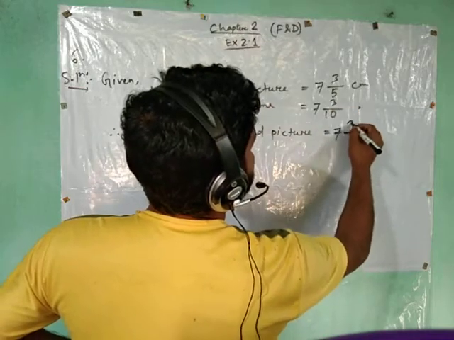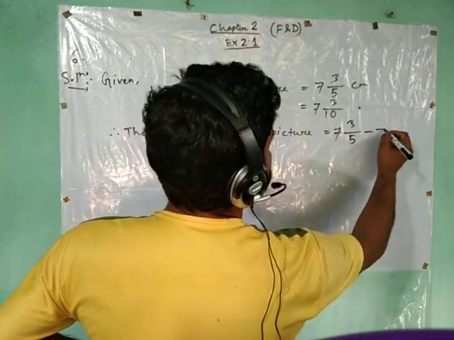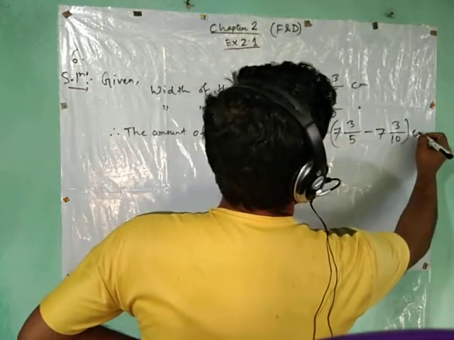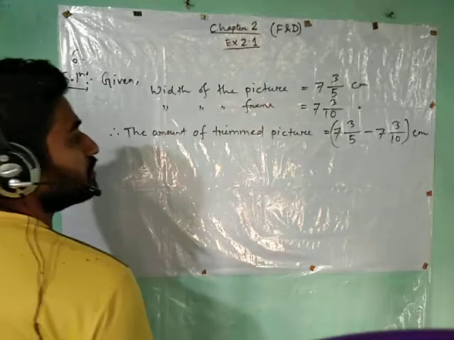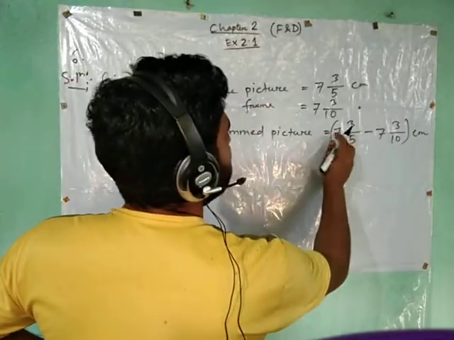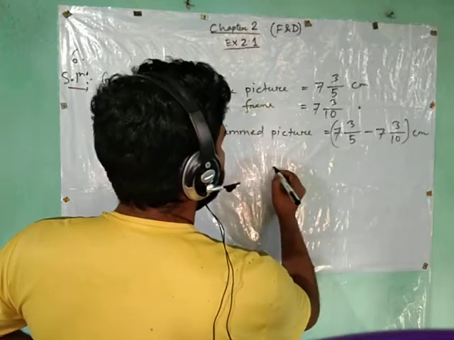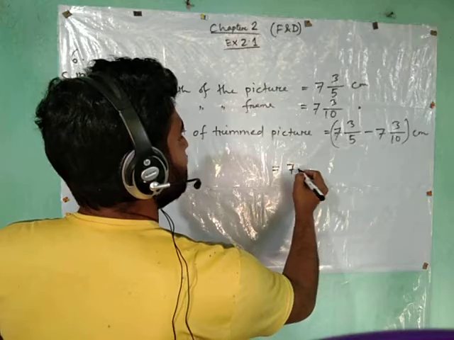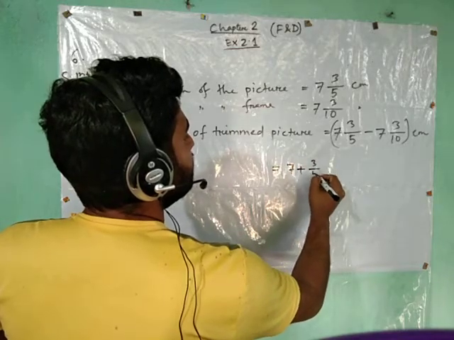So 7 3 by 5 minus 7 3 by 10. I will use here the first method. Why? Because everywhere the whole number is 7. So how will we break this? This can be written as 7 plus 3 by 5, right?